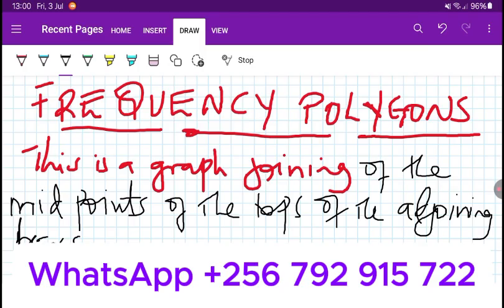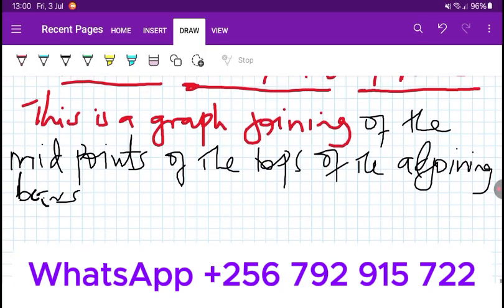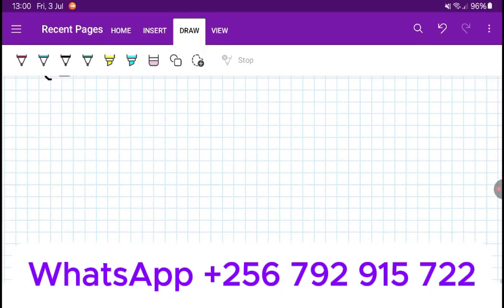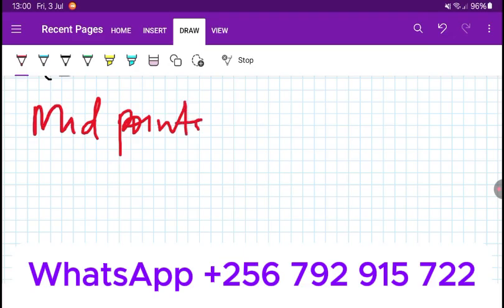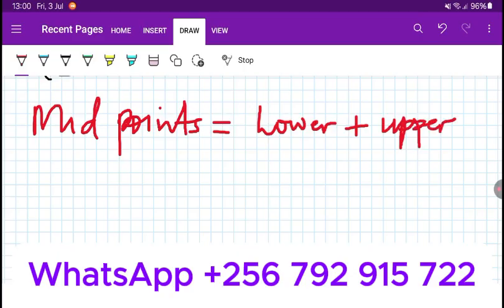It's like we are just getting the average point. It depends on what has been given to you in the question. So for the midpoints, we get the lower plus the upper, then we divide by 2.